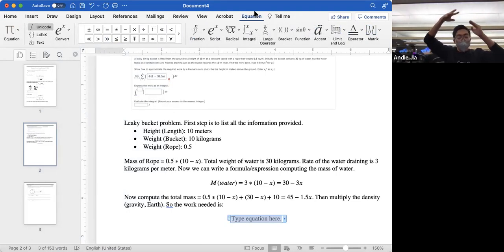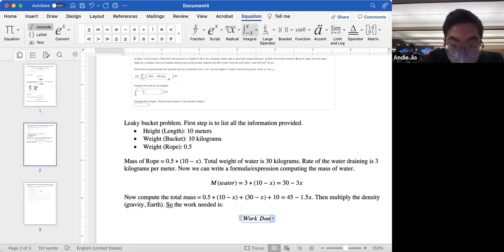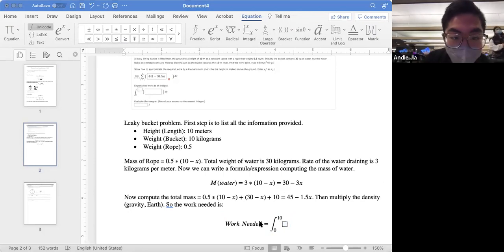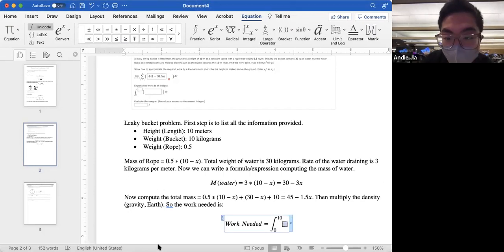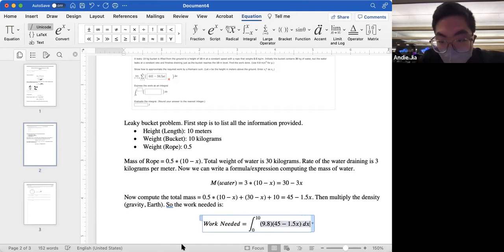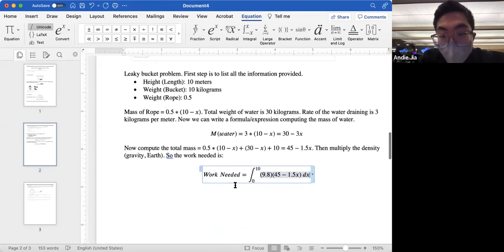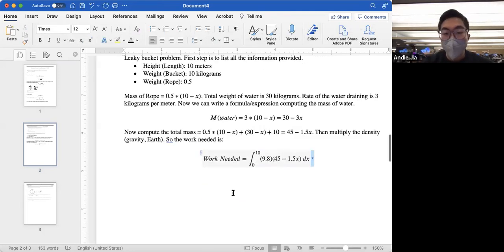So 10 is the upper bound of this expression, going to be 9.8 times 45 minus 1.5x dx. And this is the work needed for pumping out all the water.